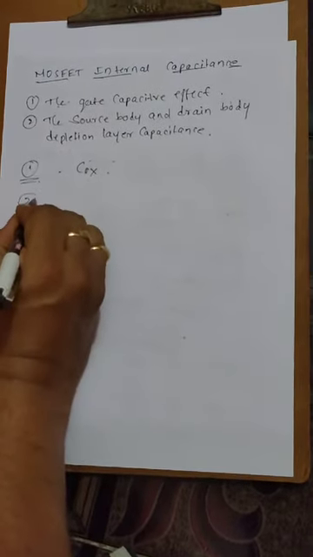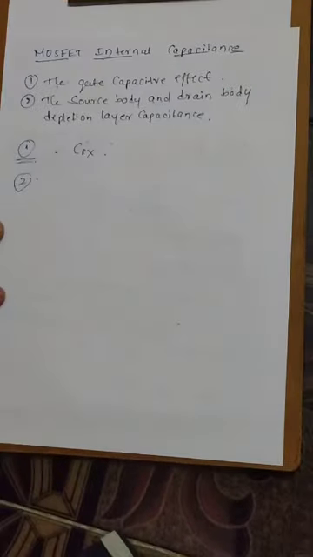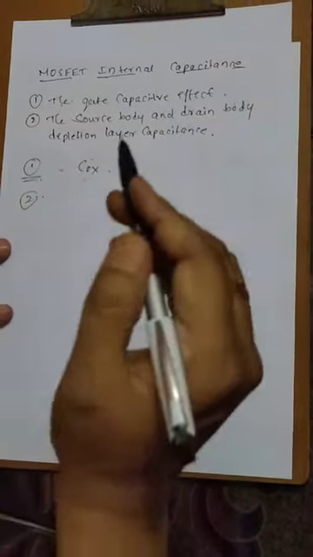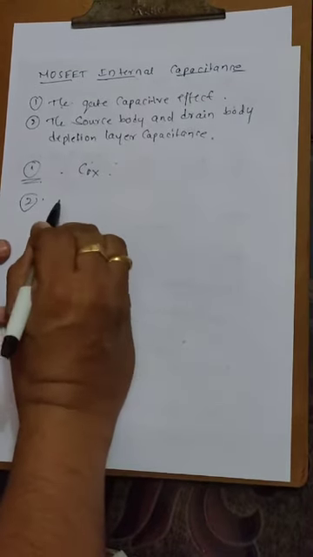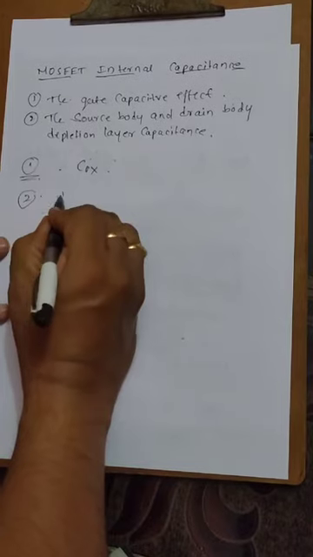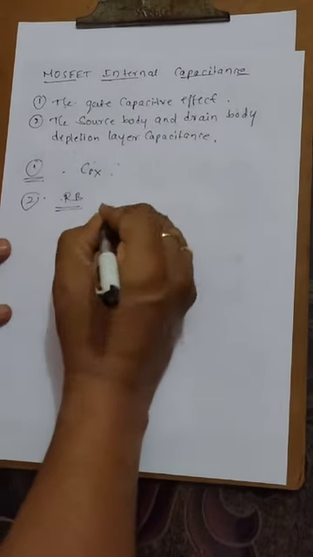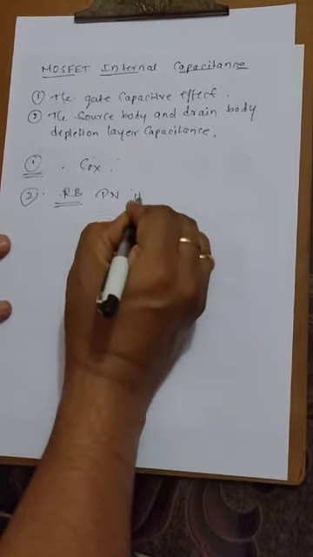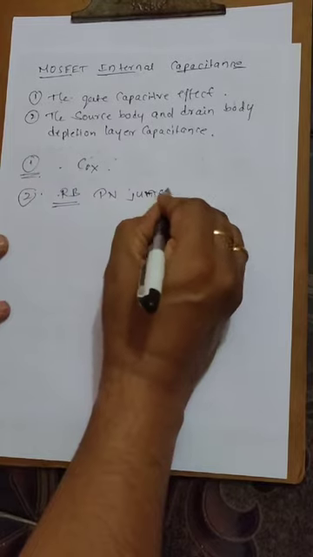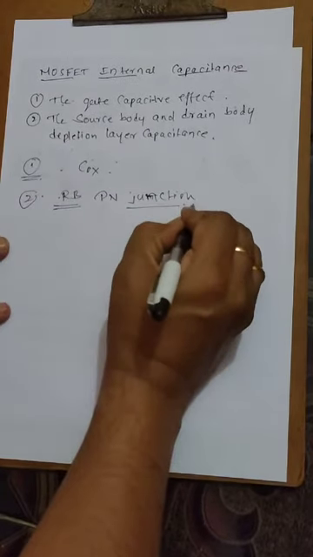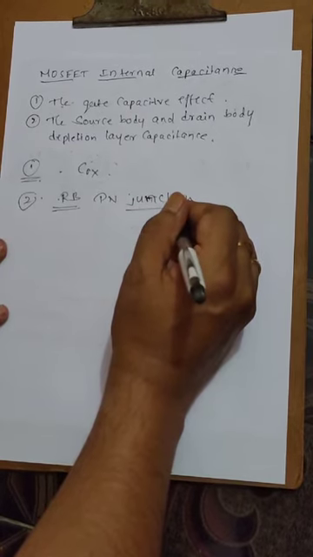Now the second thing, that is the source body and drain body depletion layer capacitance. These are the capacitance of the reverse biased PN junction diodes.